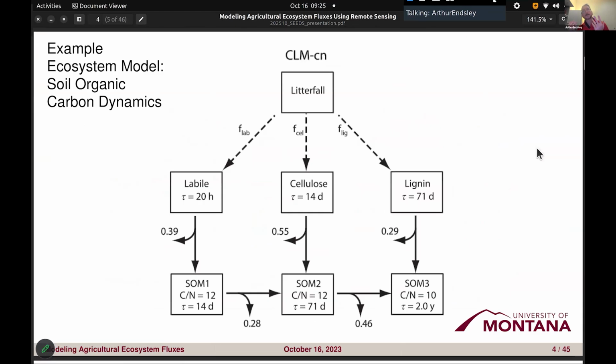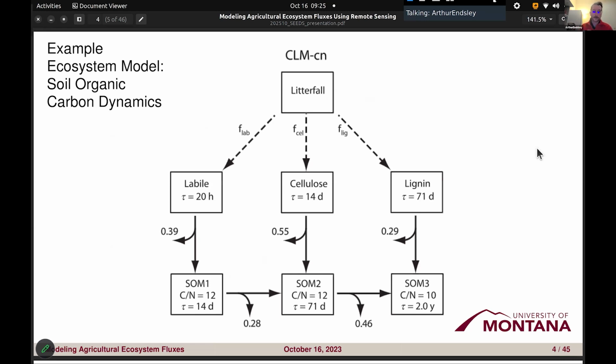So another perspective that I bring to this is that of process-based models or physical models of ecosystems and ecosystem processes. So I want to share here just an example from the Century model. This is a model of soil organic carbon dynamics. I'm not going to go into a lot of detail about this model, but essentially we have carbon entering soil pools as litter fall.